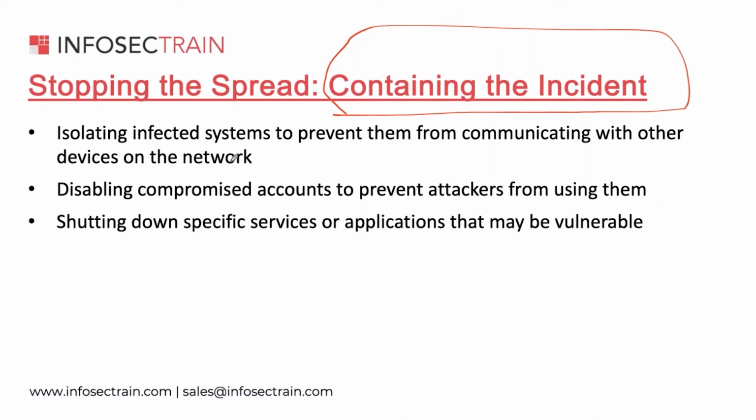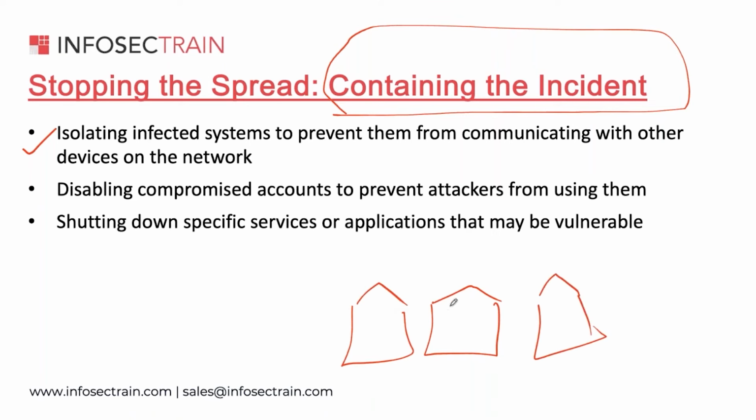When we talk about containment, we are stopping the spread. We don't want any additional damage, so we are going to protect it. We will isolate the infected system to prevent it from communicating with other devices on the network. Simply put, if we are connected on a network with multiple subnets, and multiple devices in each subnet, and a device in one subnet is infected, it might spread within its subnet and then jump into the neighboring one.